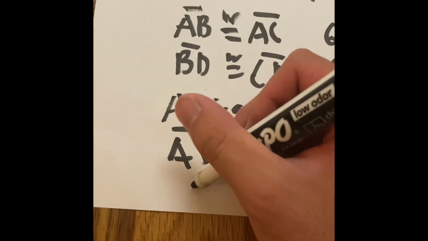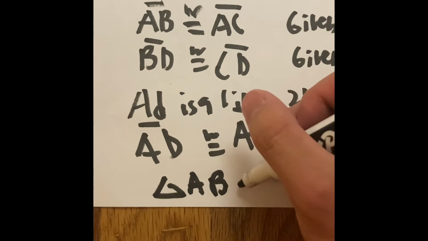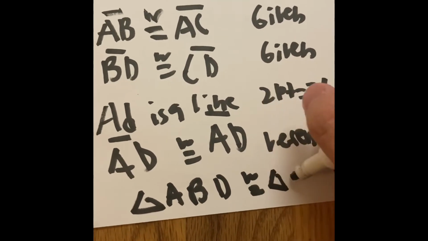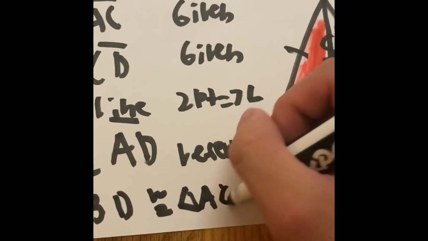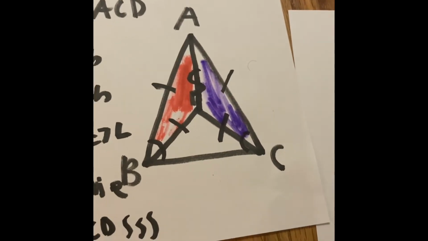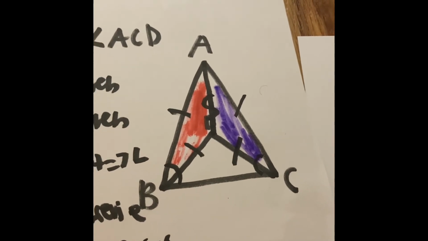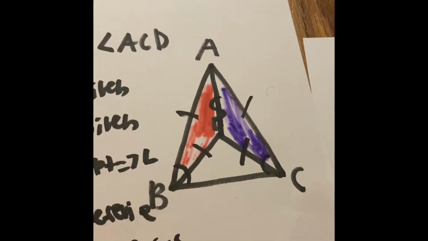So we can say triangle ABD is congruent with triangle ACD. The reason why is that we found SSS. We can use three segments to determine that these are congruent triangles. And now that gives us an express train.